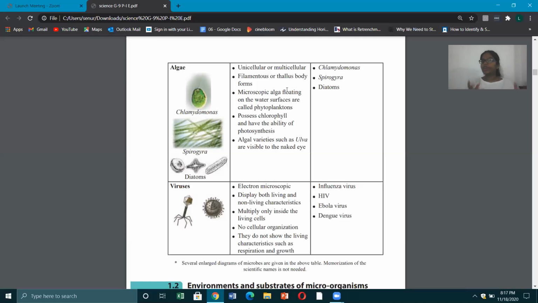Now, if we take a mango tree, it does not have a thallus body. It has a well differentiated, true plant body. But a thallus body is when that specific organism does not have a differentiated body.